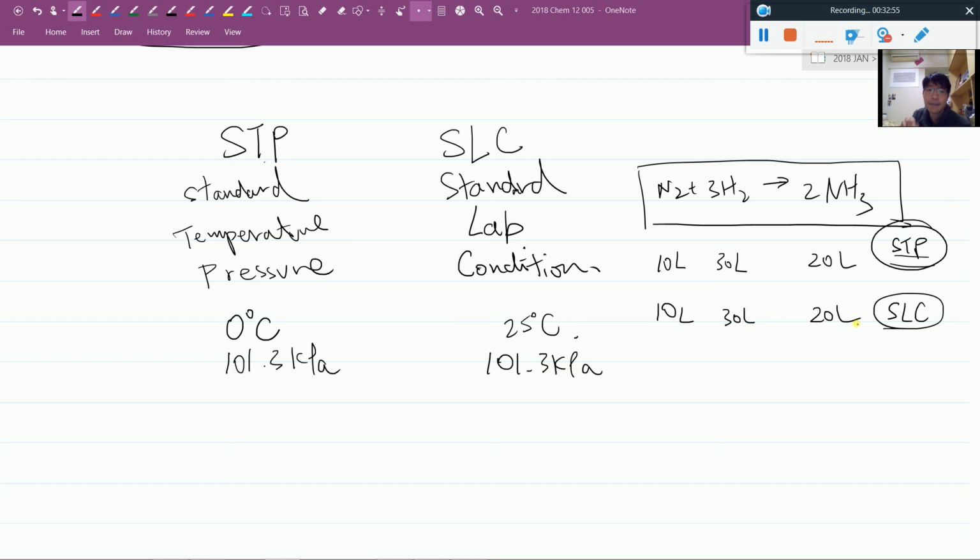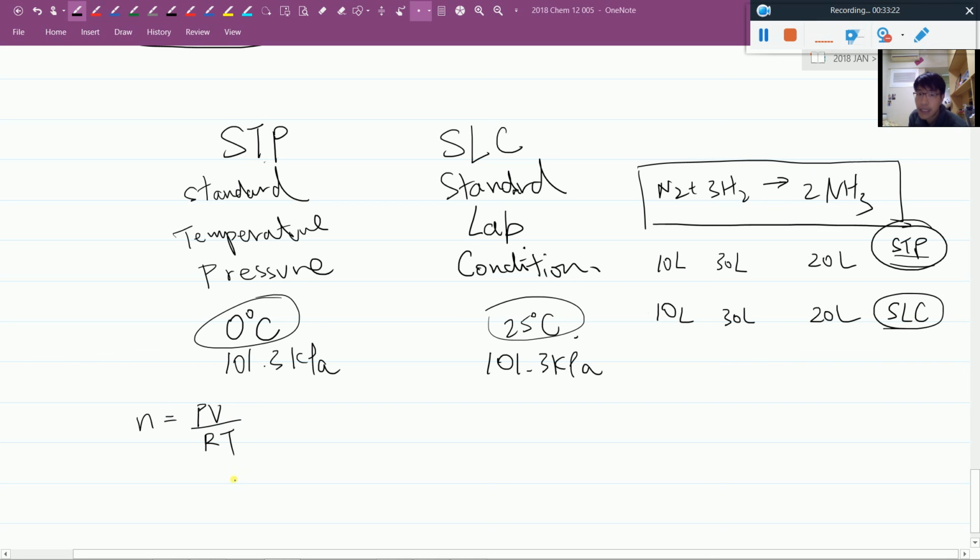But between STP and SLC, there is a slight difference between 0 degrees and 25 degrees, so the amount would be slightly different, on a very small scale. How do we prove it? PV equals nRT, so n is equal to PV over RT.